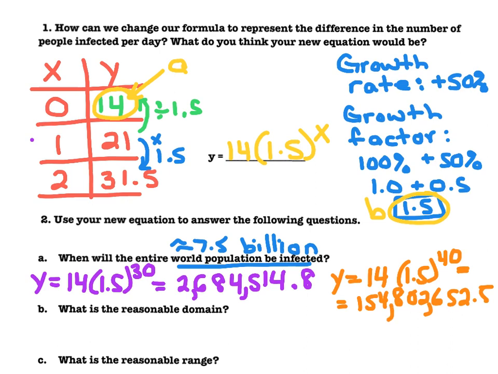After 40 days, we get 154,802,652, but still not 7.5 billion. So if we keep trying some more values, and we're trying to get to that 7.5 billion mark, let's try closer to 50 this time around.